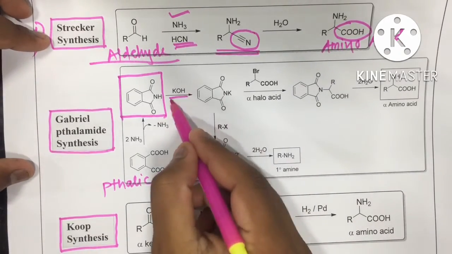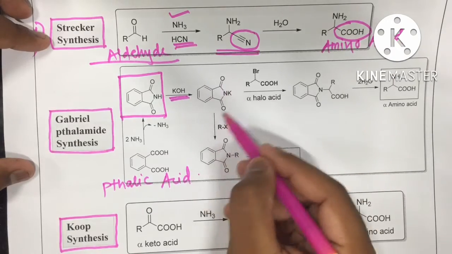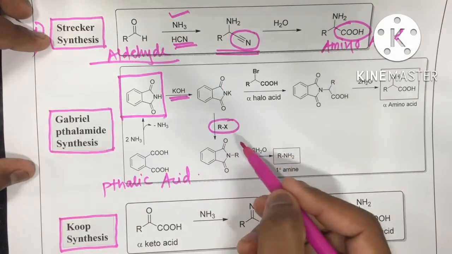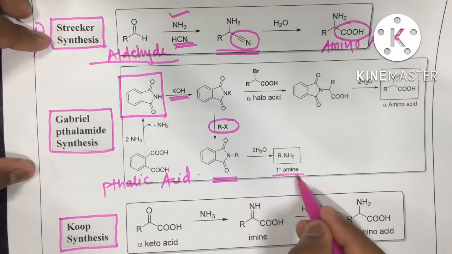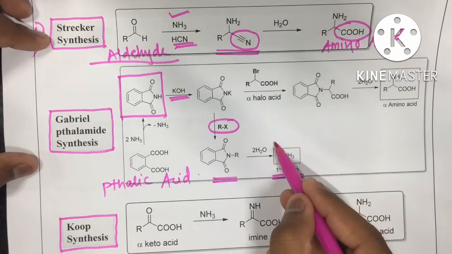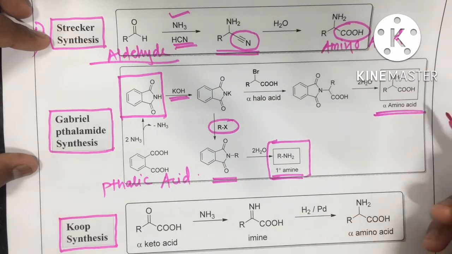In the presence of base, it forms this intermediate, and this intermediate reacts with the alkyl halide to give another intermediate, and by hydrolysis of that we get the primary amines. Means by the Gabriel phthalimide synthesis we get primary amines and amino acids.